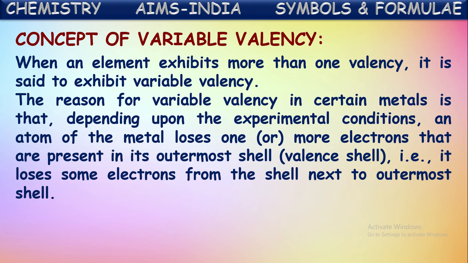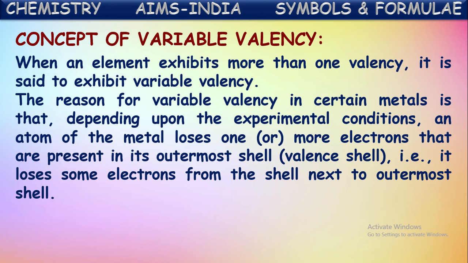The reason for the variable valency in certain metals is that depending upon the experimental conditions, an atom of the metal loses one or more electrons that are present in its outermost shell, nothing but the valence shell. And sometimes it also may lose some electrons from the shell next to the outermost shell.